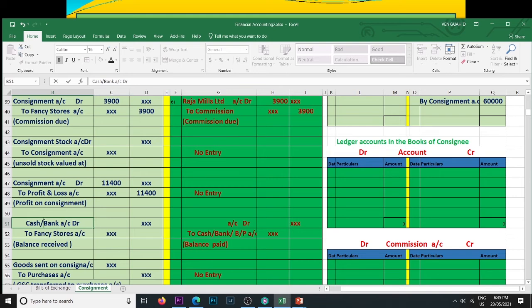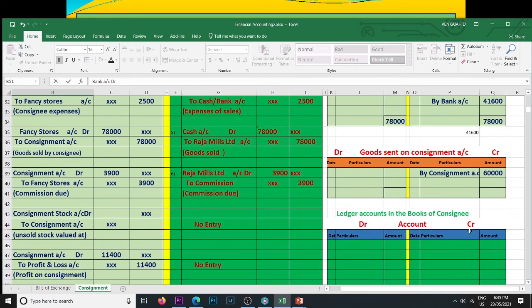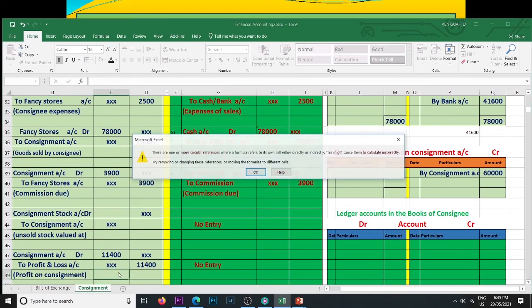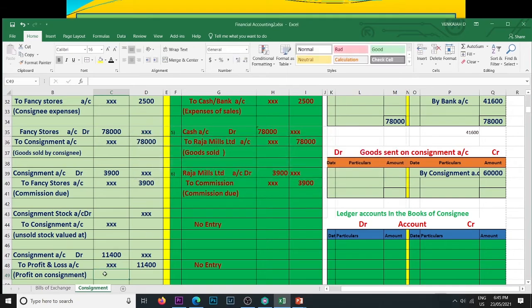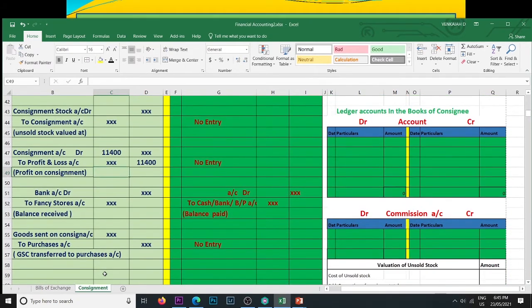Bank account debit. Amount is how much? 41,600.